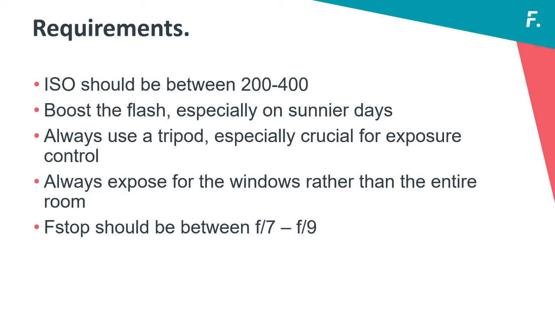However, there are going to be certain cases where you're going to need to lower the ISO. Most of the time when you lower it to 200, that should be fine. In those cases, it will be when the flash is very powerful or on particularly sunny days, you're going to need to lower the ISO to avoid overexposure for other bits of the image.